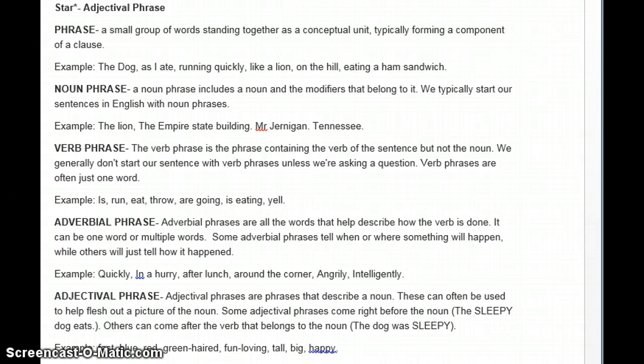We think of adverbs mostly as telling us how a verb is done, but how includes where and when. So, for example, we have words like quickly, the ly words. Those are adverbial phrases. In a hurry, after lunch, around the corner, angrily, intelligently. Those are examples of adverbial phrases.